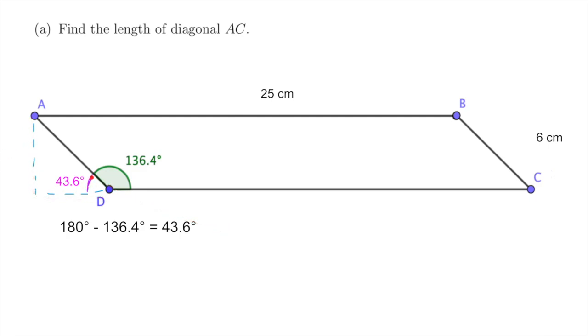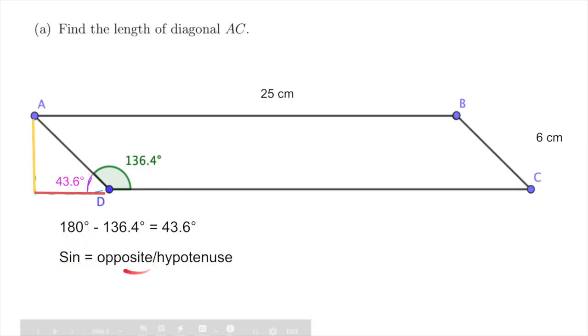So now that we have that angle, well, what do we do with it? Well, we have our SOHCAHTOA operations, and with those, well, we have these lengths, right? And we have the angle. So we know that sine is going to be the length of the opposite side, so this yellow right here, over the hypotenuse.